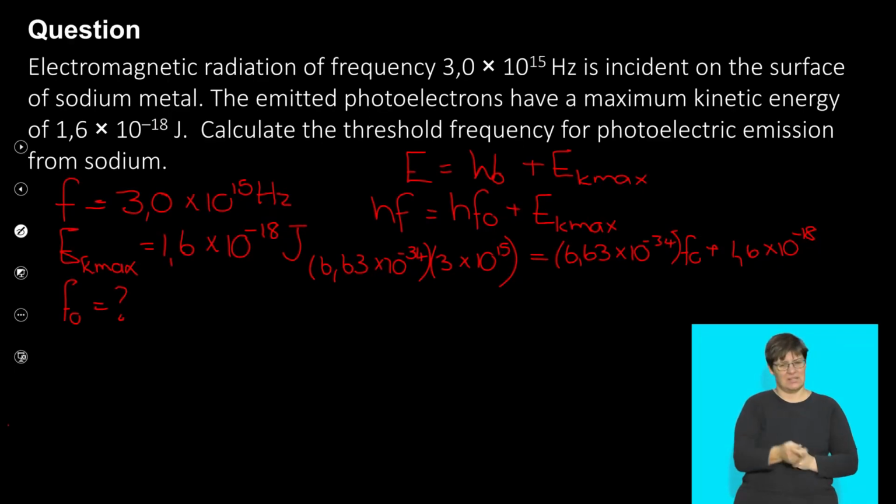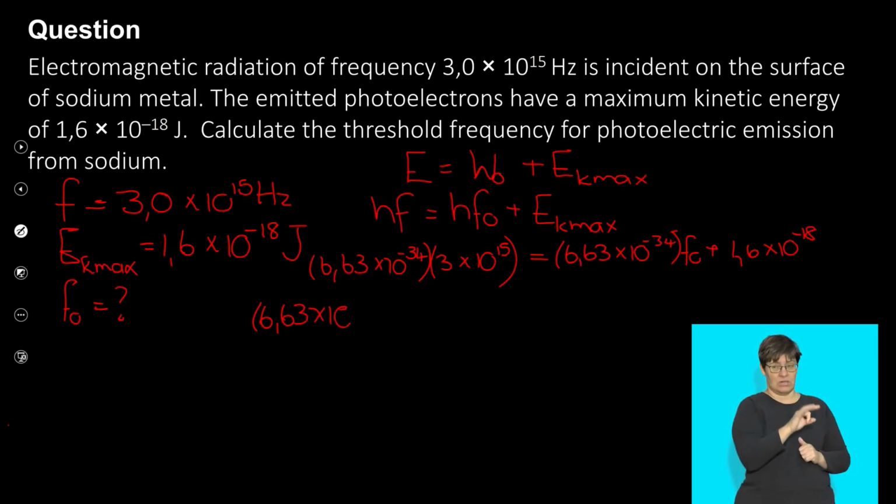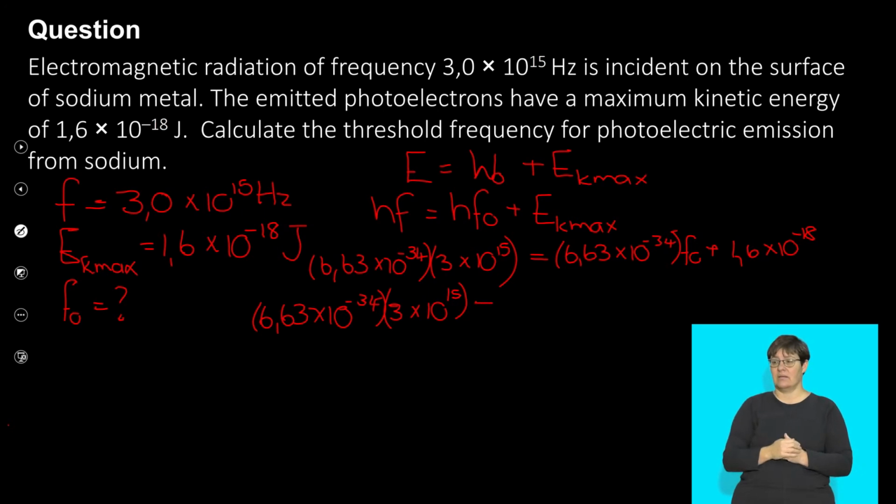So I'm going to take the 1,6 over. So I'm going to have 6,63 times 10 to the minus 34, 3 times 10 to the 15, I'm going to minus the 1,6 times 10 to the minus 18. And we're not going to worry too much about the space, and I know it's horrible.